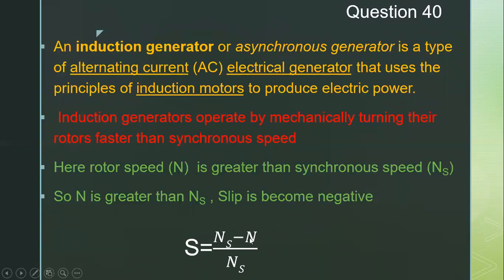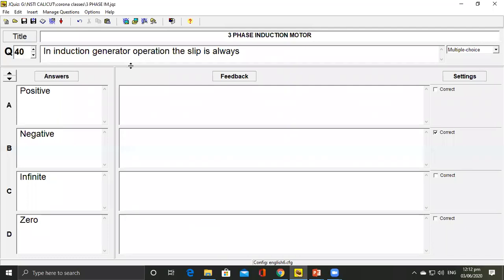So the rotor speed N will be greater than Ns. Taking an example where Ns is 1500 and the rotor runs at 1600, minus 100 will be there, so the slip will become negative. So in the induction generator the slip will always be a negative value.